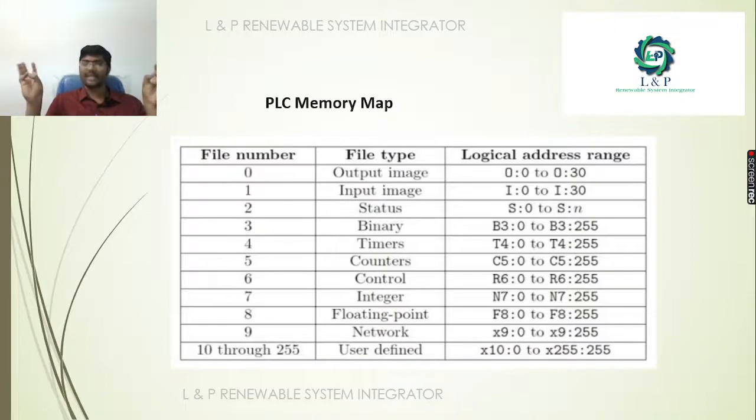Timers are the same, counters you can also use, and for any specific controls or integers you can use 0 to 255. For floating points you can use the F8 function. For networking you can go for X9. And if you want to be precise, as a user you want to define a file type, then you can use X10 to X255.